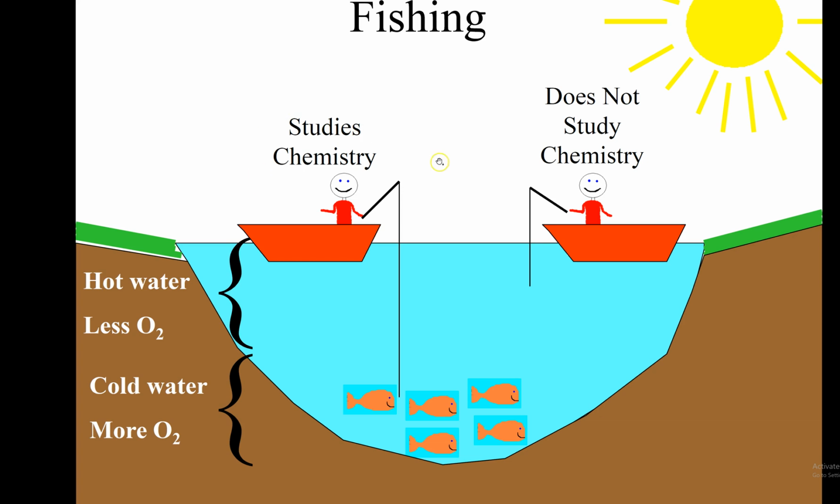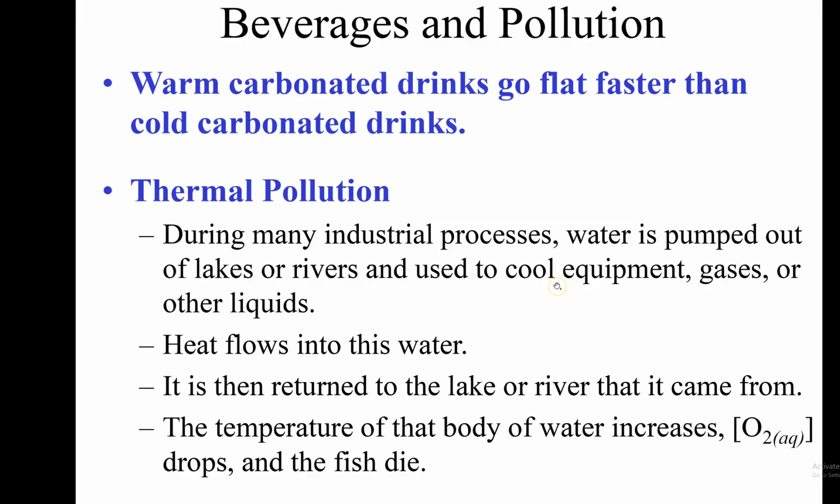So when it gets really, really hot, in the hot water that's closest to the sun, you're going to get less O2. However, if you have cold water, you're going to get more O2. So during very hot days, the fish are not going to hang around on the surface. In fact, they're going to be hanging around at the bottom where all the oxygen is. And so the person on the left, who is a very smart person, decides to put the rod a little further down to catch fish, while the other person does not.